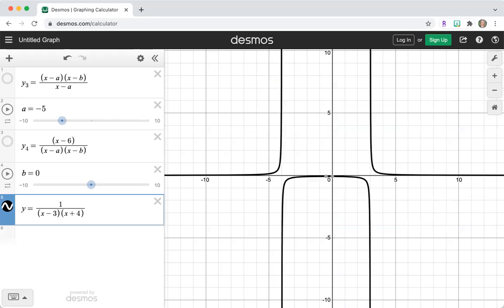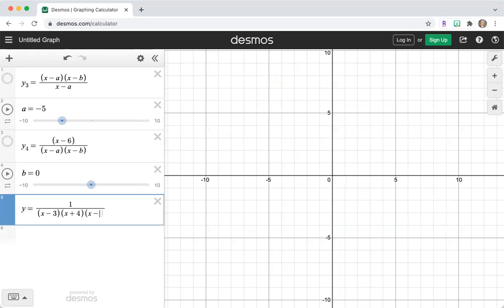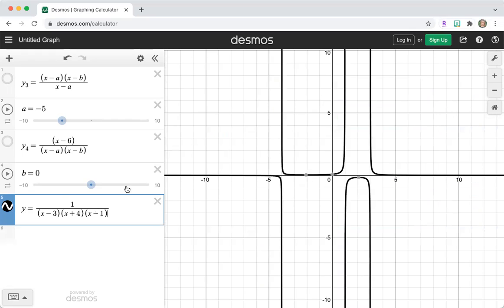And then what if we added another one, x minus 1? Exactly. So just like the linear factors work for the zeros, if these are all zeros in the denominator and do not divide with anything in the numerator, they will all be these vertical asymptotes, these points of discontinuity. And so you can see how they change the graph.